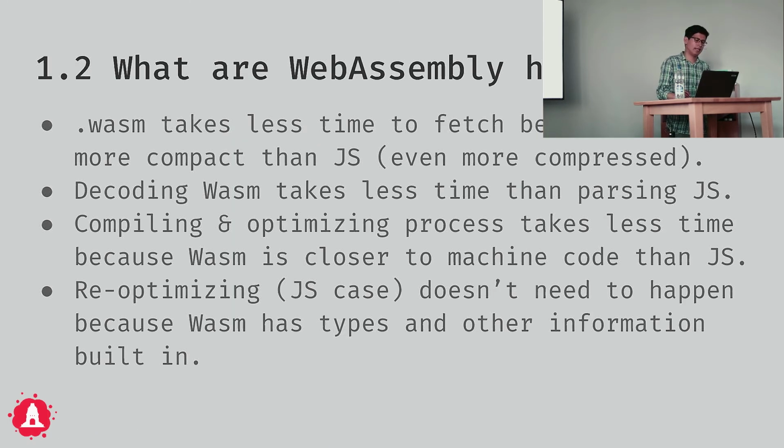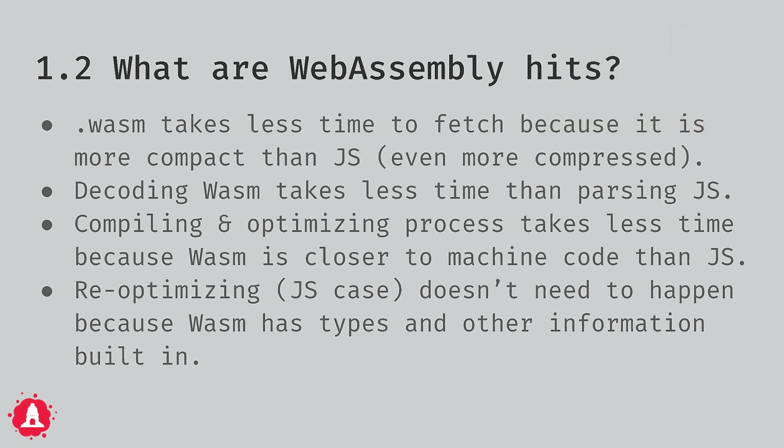But what are the advantages and capabilities of WebAssembly, or WASM? It takes less time. One important thing is that when you compile to WebAssembly, your code normally takes less time to fetch, for example in the browser or when loading from NodeJS, as we'll see later. It's normally fast because it's more compact than JavaScript.